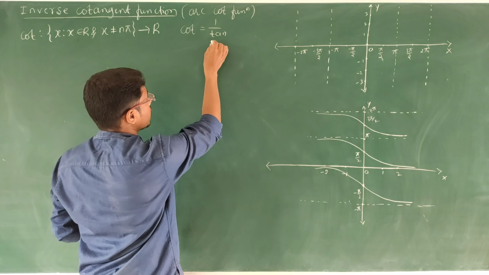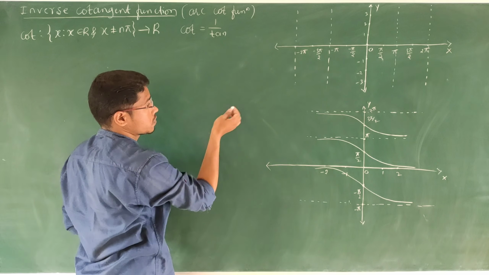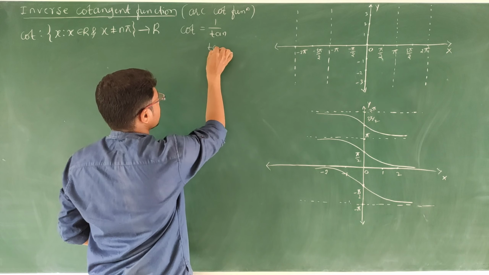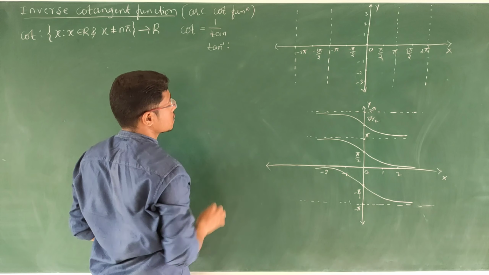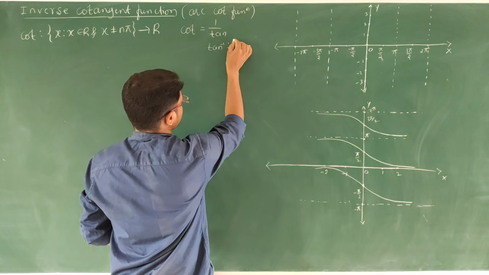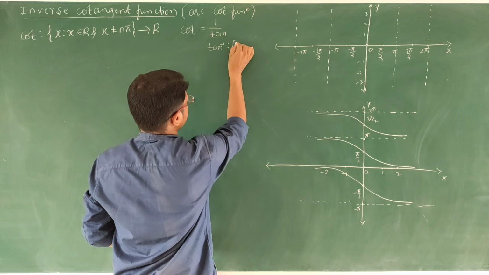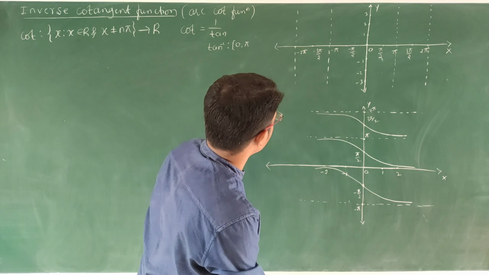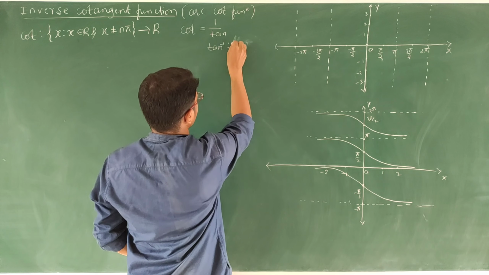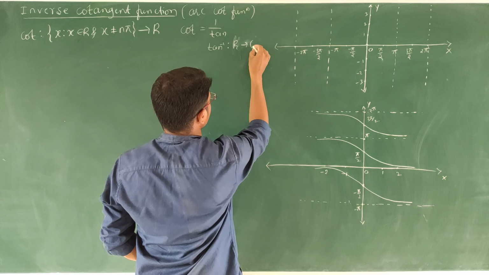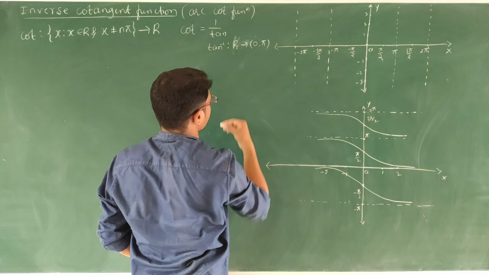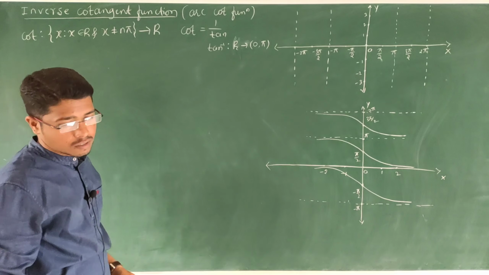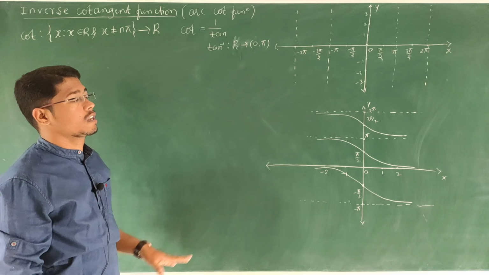Already we know tan inverse is defined from R to 0 comma pi. Okay, so this is the definition of tan inverse.